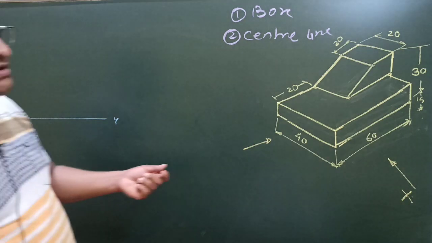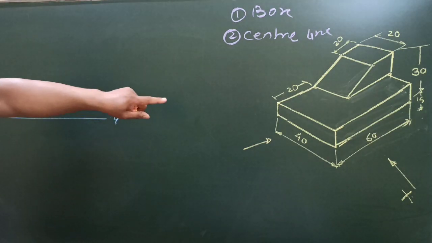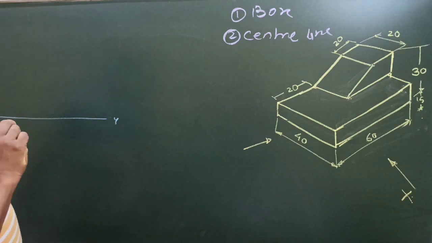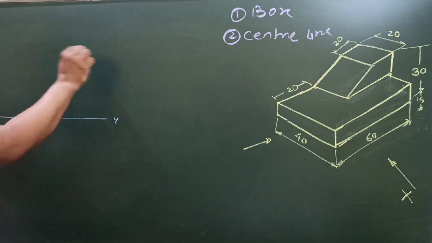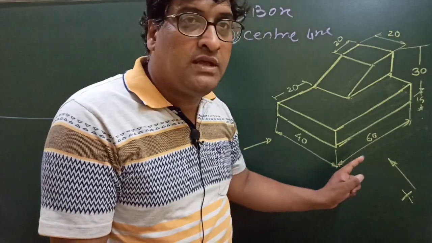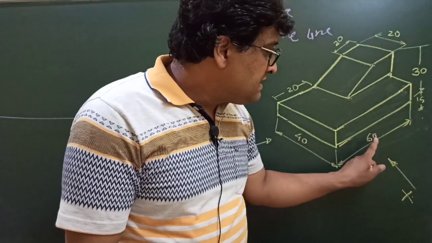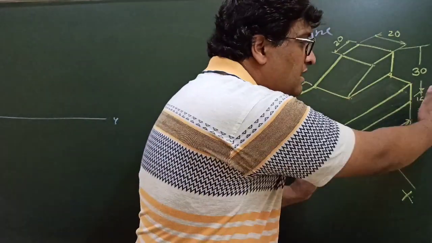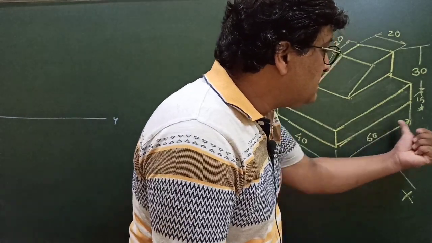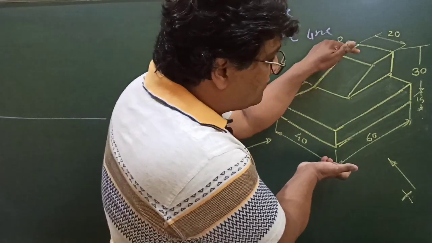Then we can choose a common distance from the XY line for the bottom line of the object. You can take 5 mm or 10 mm, whatever you want, and draw a box for the front view taking maximum horizontal dimensions from here. What is the maximum horizontal dimension here? It is 60 mm. This is the maximum length in the horizontal direction, so you have to take 60 as the horizontal length of the box. And what is the maximum height of this figure?